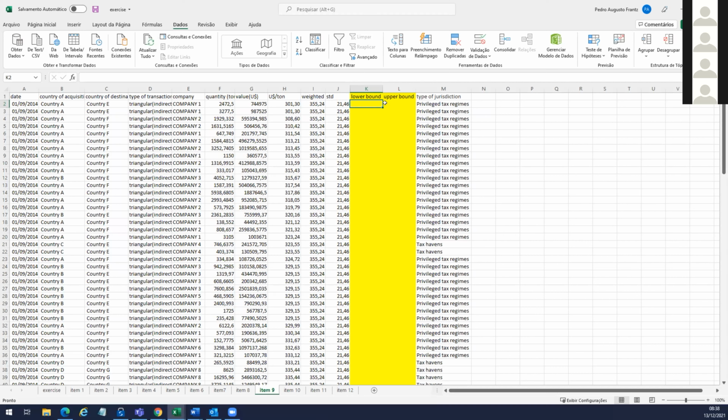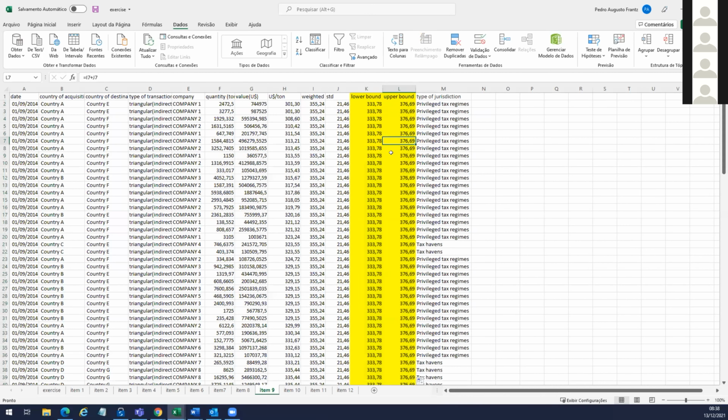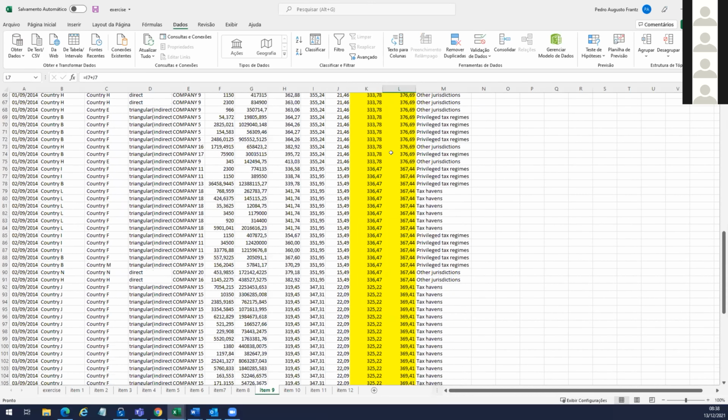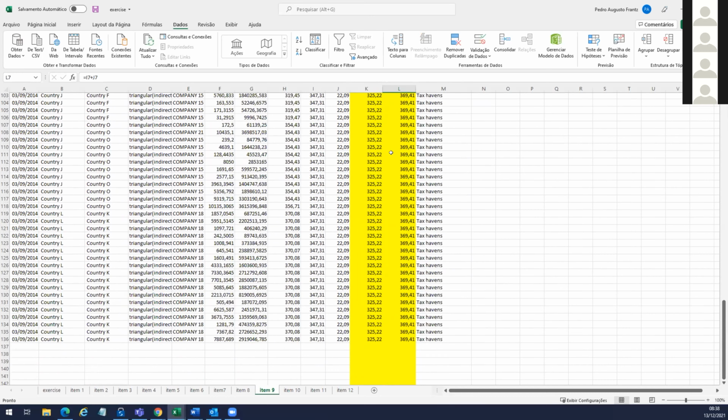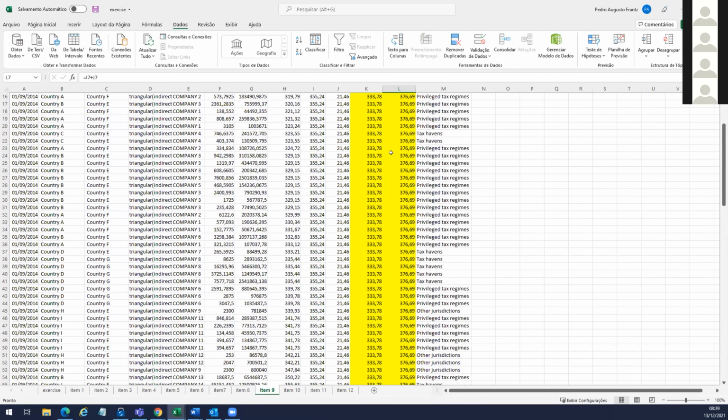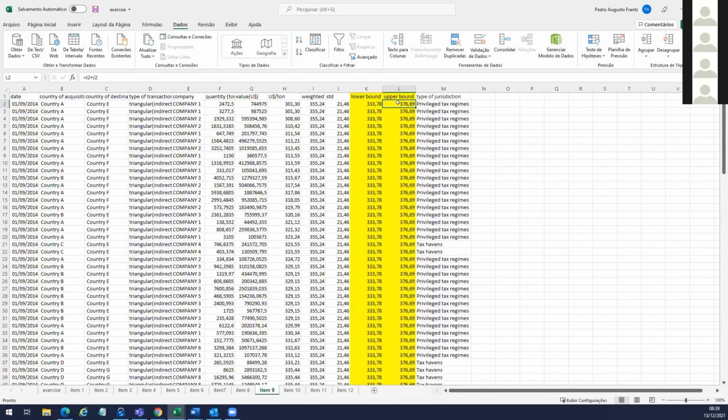Upper bound is weighted average plus standard deviation. I will do this. Equal lower bound equal weighted average minus standard deviation. Upper bound equal weighted average plus standard deviation. I will replicate this formula, and then we have by day our price filter range. Upper and lower bound. It's a simple formula. I will go to the next step.